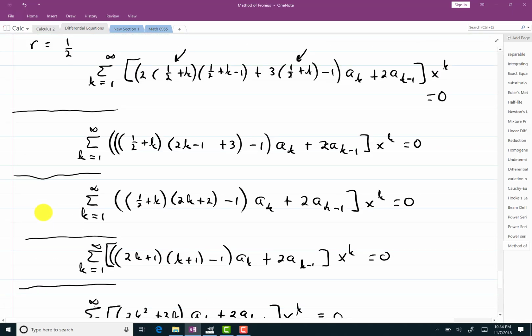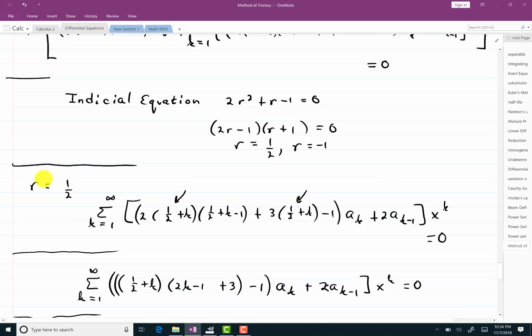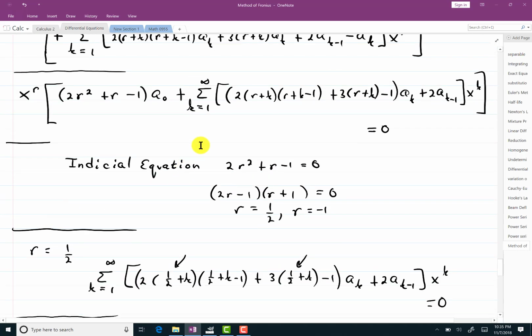Let's go back. I got to find instances that have r in them. And here it is right here. This is the one that I want. So I'll grab this. That way I can plug in my r equals negative 1. I'm not going to take the x to the k. I don't need it.